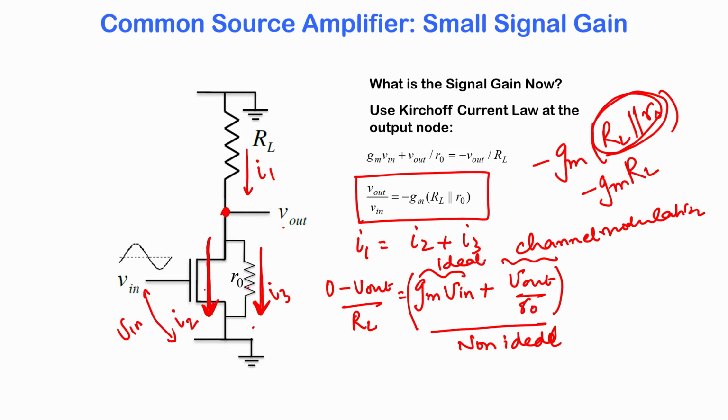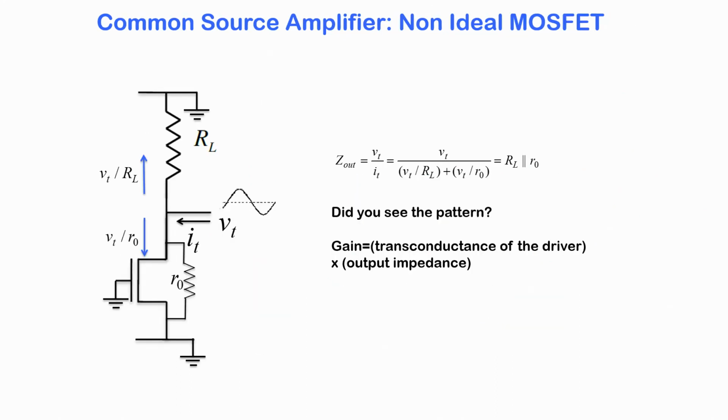So channel length modulation reduces the gain a little. Now what is the output impedance of the non-ideal MOSFET? We will do our same experiment: we will apply a test voltage and measure the test current that is going in, and we will forget about any input voltages and ground all those nodes.